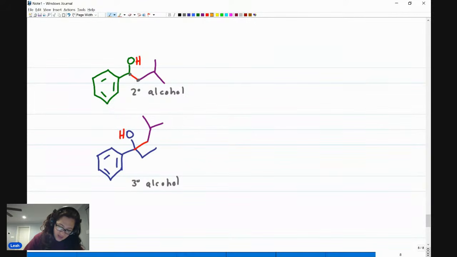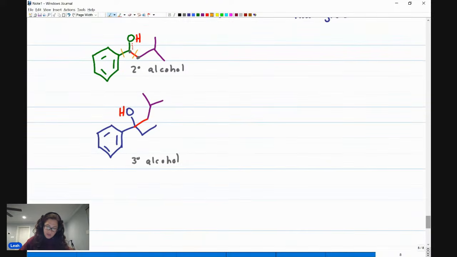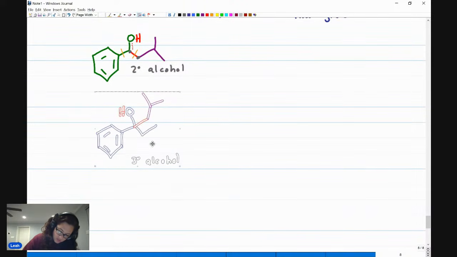If you recognize that you have a synthesis reaction where you have an alcohol on a carbon chain that grew, what you want to do is identify the carbon holding the alcohol, and that right there is your carbonyl carbon, and then you can break it. And you can say the Grignard either came from here or from here. I have two different options that I could have used to synthesize this one.